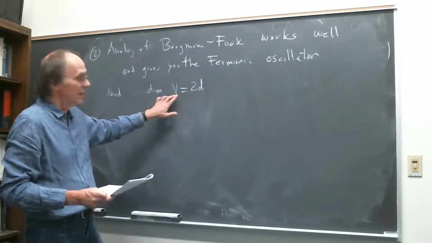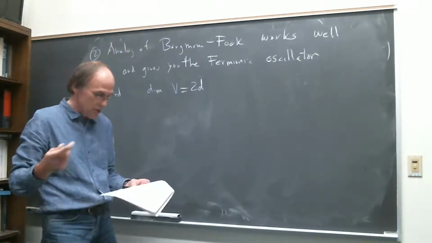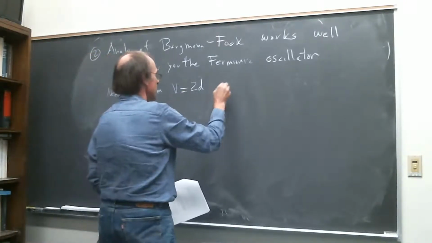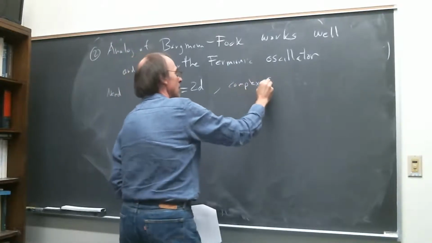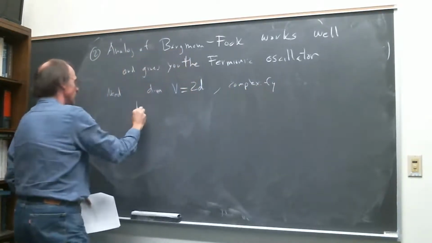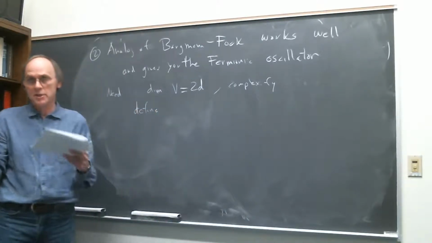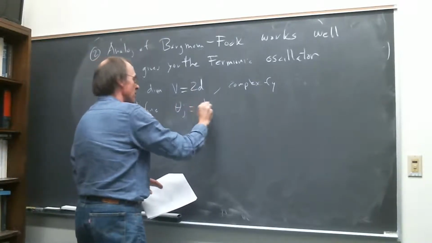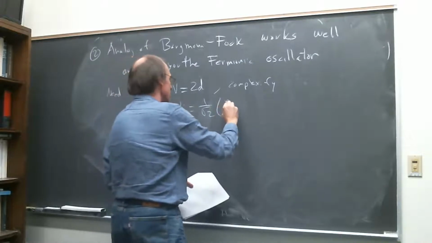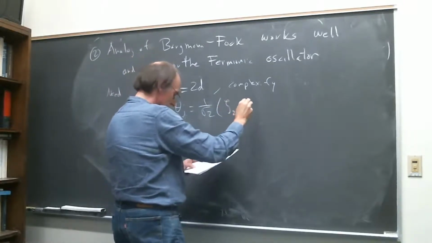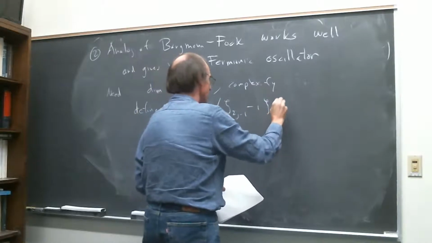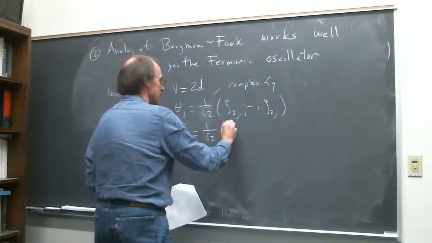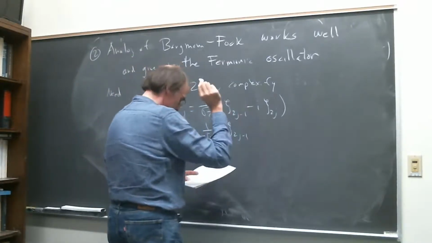But let's take the even dimensional case. What you want to do is complexify and define analogs of the z_j's and the z_j bars. I'll call them theta_j. It's 1 over square root of 2 times psi_{2j-1} minus i psi_{2j}, and theta_j bar is the same thing with a plus sign.